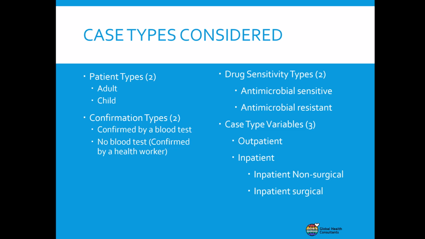We are separating antimicrobial resistant cases from antimicrobial sensitive cases. And finally, we're separating outpatient cases from inpatient cases, and within the inpatient cases, the non-surgical from the surgical cases.